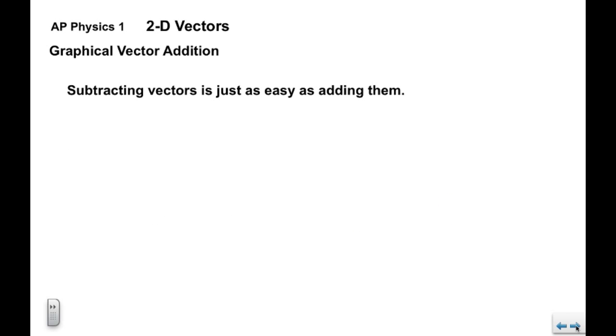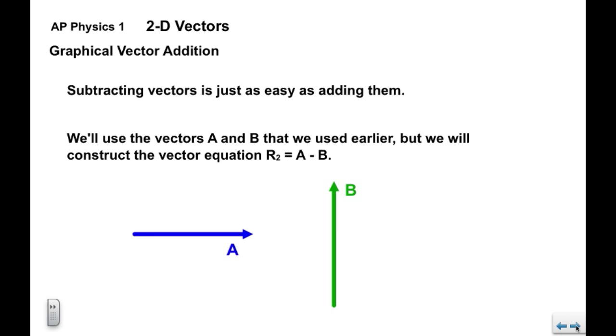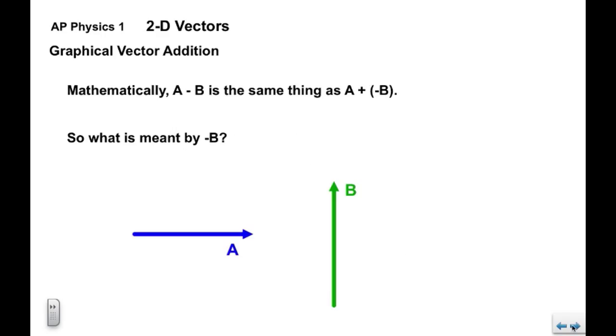All right. Now, subtracting vectors is just as easy as adding them. Let's go back to using A and B like we had before. We're going to do a vector R2 equals vector A minus vector B. Mathematically, we know that A minus B is the same thing as A plus negative B. So we want to think about what is meant by negative B in a vector sense.